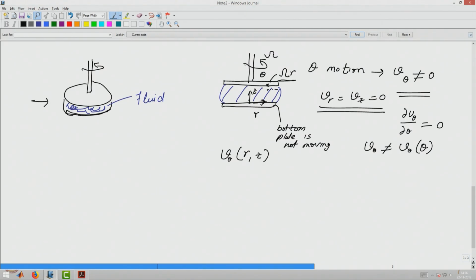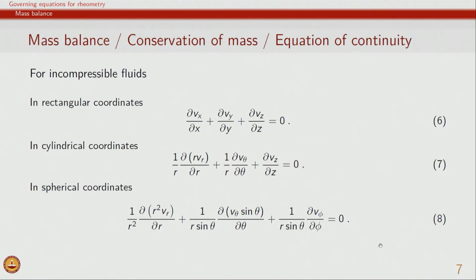So, we can clearly see that velocity will depend on z also, velocity will depend on r also. So, using mass balance, the most simplification that we can achieve is to say that the overall velocity in this rheological flow will be a function of r and z. Similarly we can use different versions of these mass balance in different coordinate systems depending on whatever is the geometry of interest.